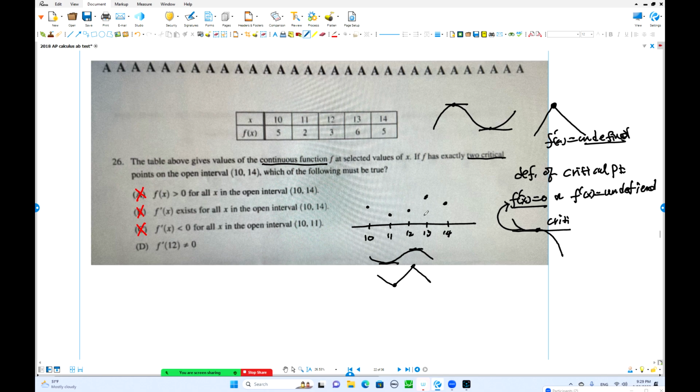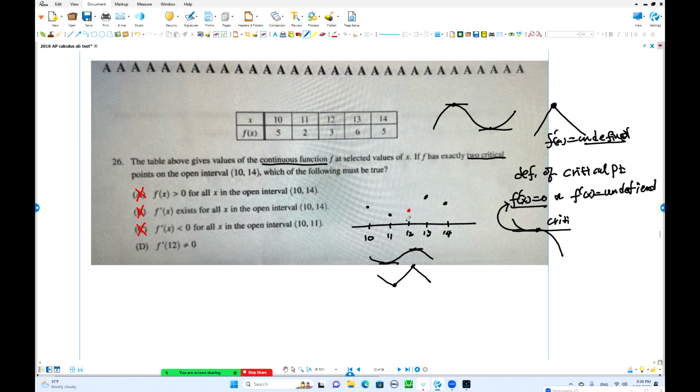Here, in the middle column. With exactly two critical points, the graph changes from increasing, going up, to down.